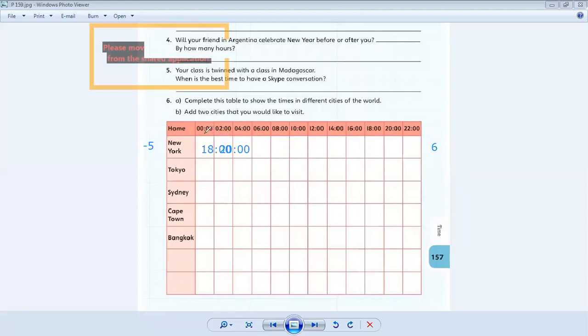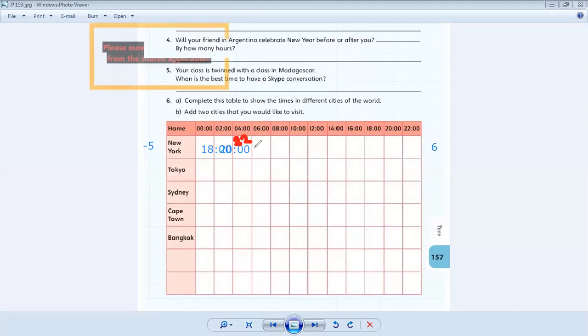Did you notice in Tripoli the time is decreasing 2 hours? It's 12 o'clock, 2 o'clock. If it's 18:00 here, it will be 22:00. Yes. And if it's 6 o'clock, 22 here it's going to be 00.